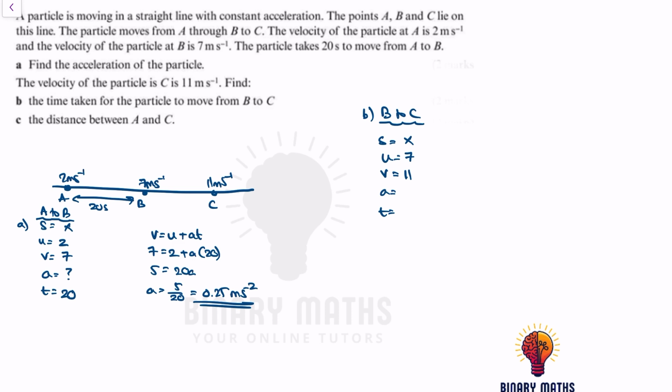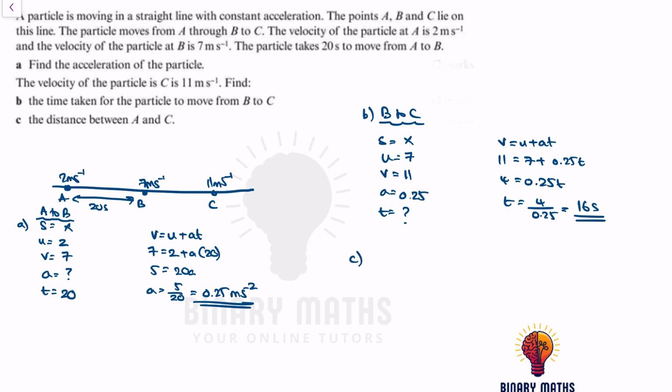Acceleration is constant, which is 0.25 from the previous part. Time is the question mark, we're trying to find time. So we have UVAT, so we use V is equal to U plus AT. So 11 is equal to 7 plus 0.25 times T. So 4 is equal to 0.25T. So T is equal to 4 over 0.25, which is equal to 16 seconds.